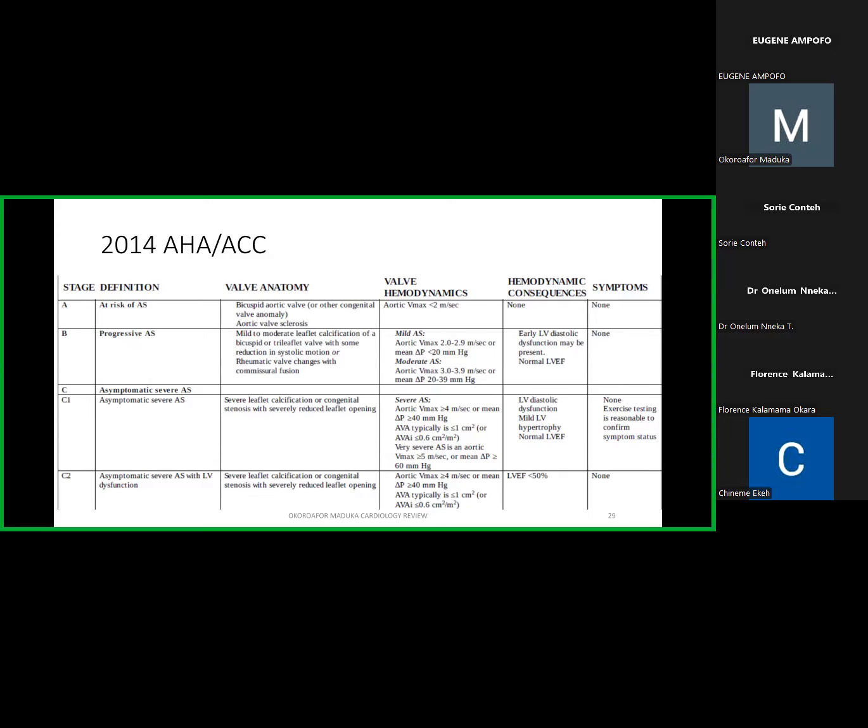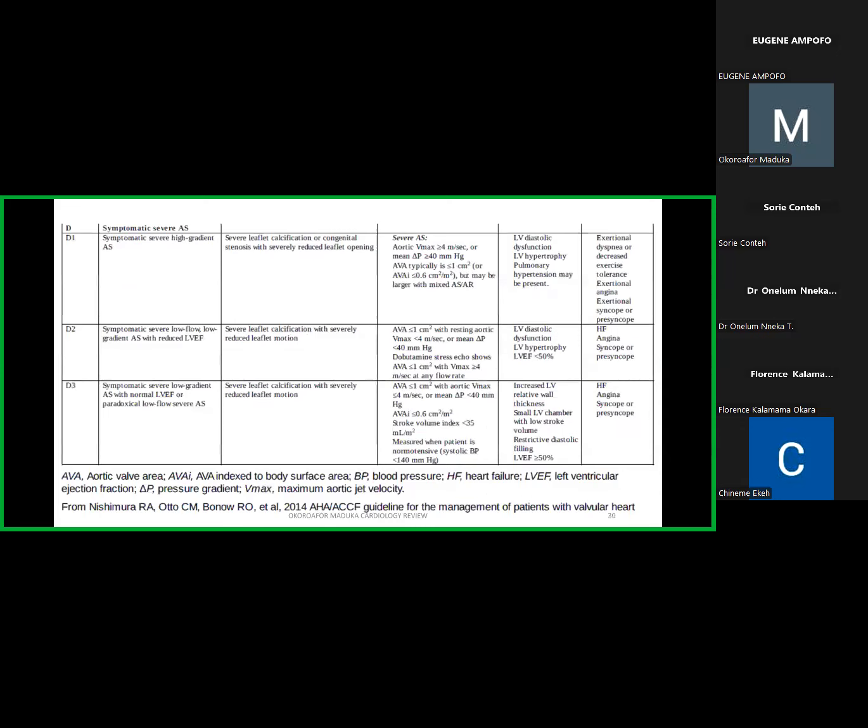So for the D, people that have severe aortic stenosis and have symptoms. D is divided into D1, D2, and D3. For the D1, they have severe symptomatic aortic stenosis with high gradient.